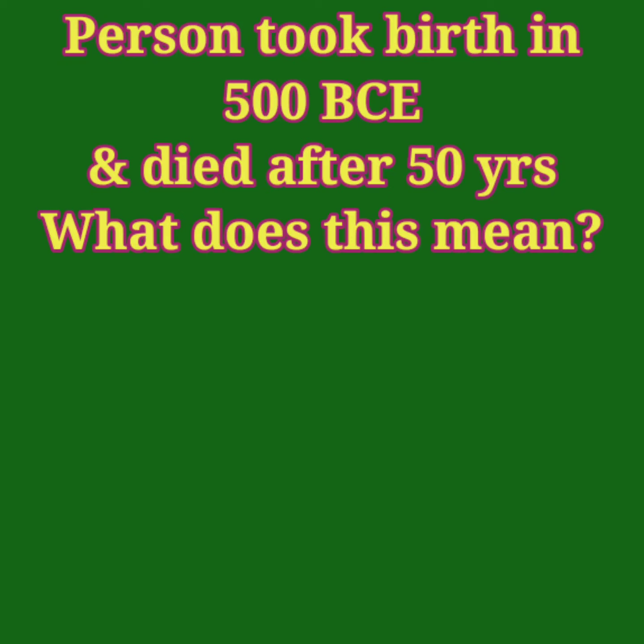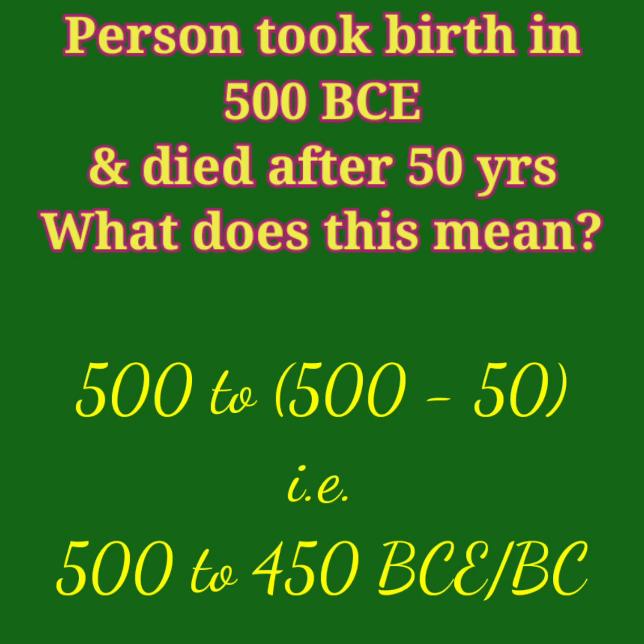What does that mean? This person will be alive from 500 to 500 minus 50, that is 450 BCE. So the time period the person is alive is from 500 to 450 BCE.